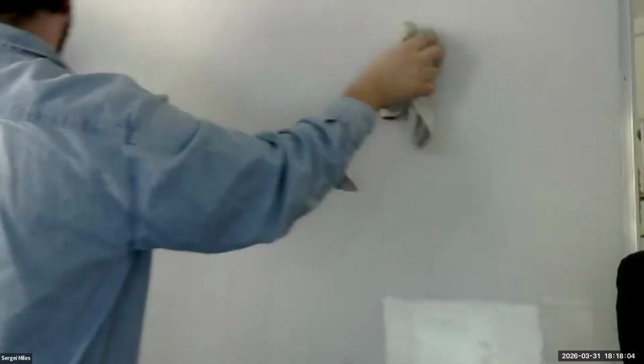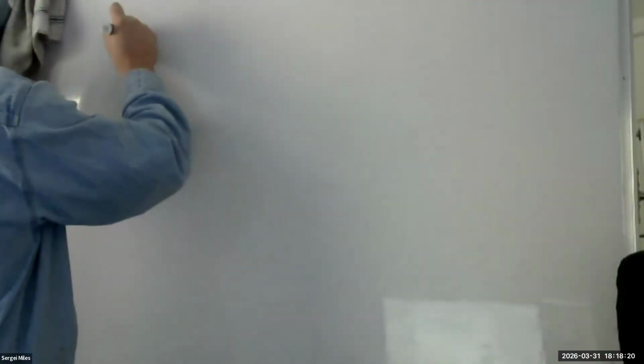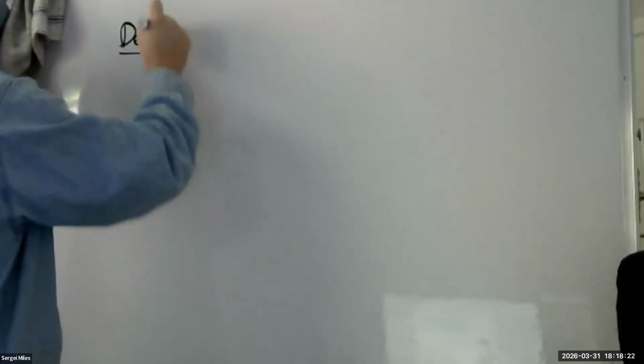Now, because I'm using a six-sided die, this is intentionally a simpler example so we can more easily write out what's happening. But the same principle can apply even when it's a more complicated situation. Okay? So let's roll a fair six-sided die.